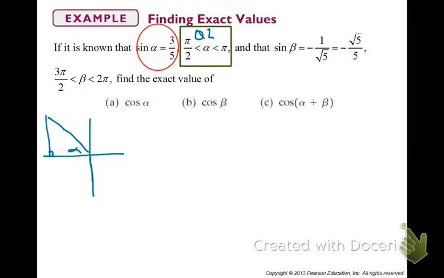What's the ratio? Opposite over hypotenuse. So sine alpha is opposite over hypotenuse. So we will replace that with the 3 and the 5. So the sine of alpha is the opposite over the hypotenuse.